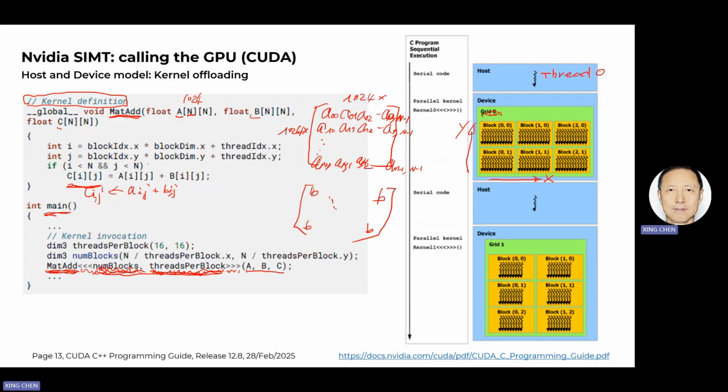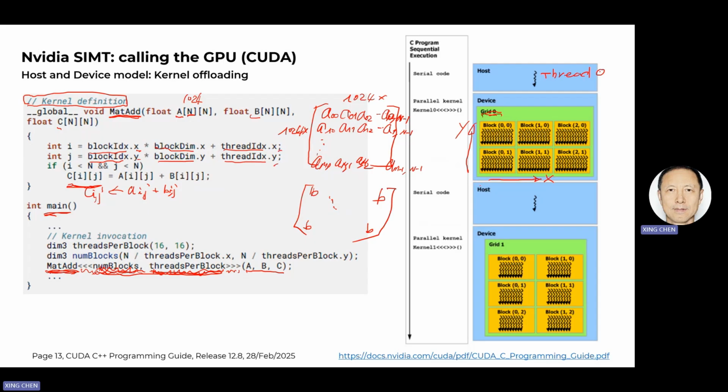You have a quantity of blocks in each dimension. You have the block ID for X and block ID for Y, and then you have the thread ID for X and Y.